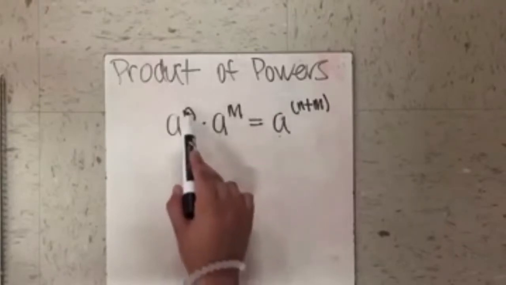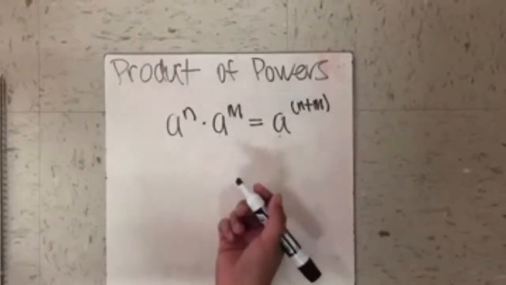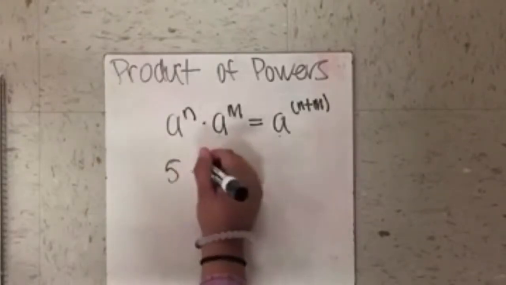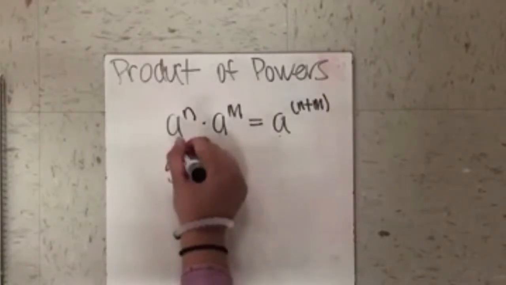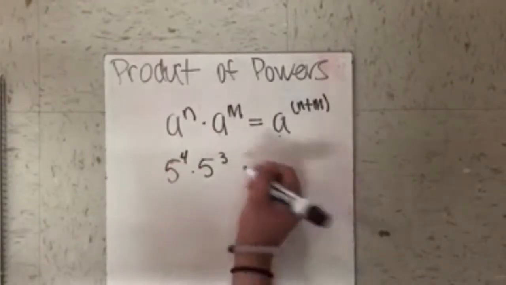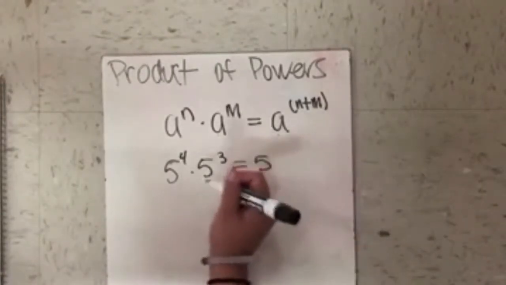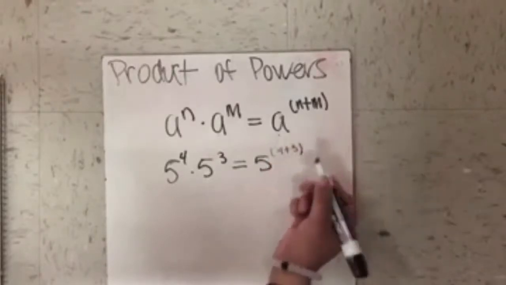Because a is the same in both numbers, the base stays the same. So, for example, 5 to the 4th power times 5 to the 3rd power will equal 5 to the 4 plus 3, which will then result in 5 to the 7th power.